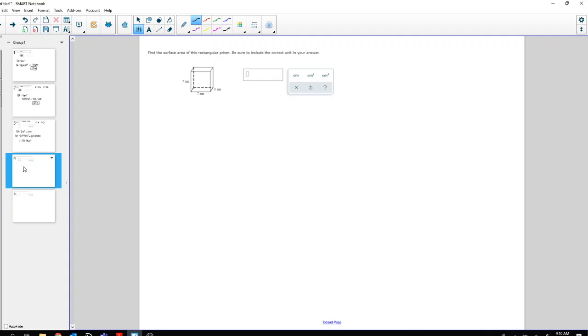Next one here, we have a rectangular prism that we need to find the surface area of. My surface area for a rectangular prism is going to be 2 times the length times the width, plus two sides that are length times height, plus two sides that are width times height.